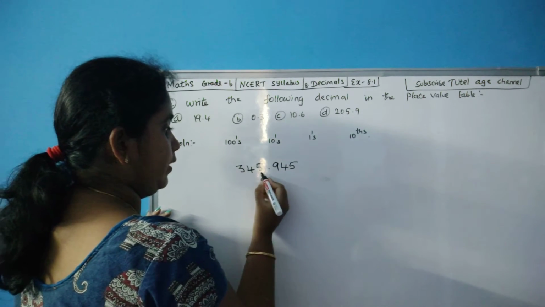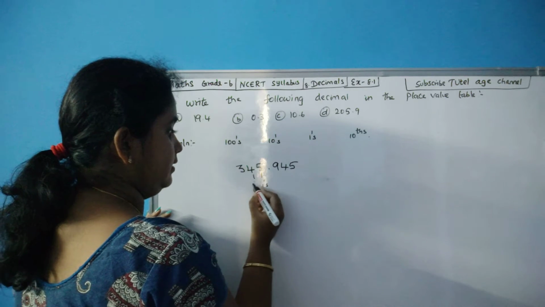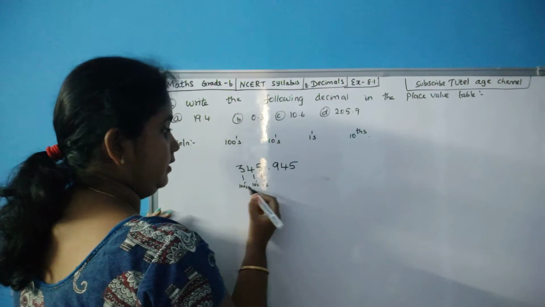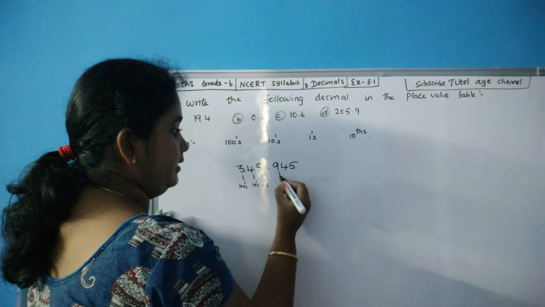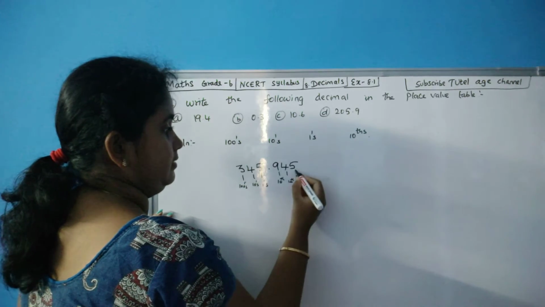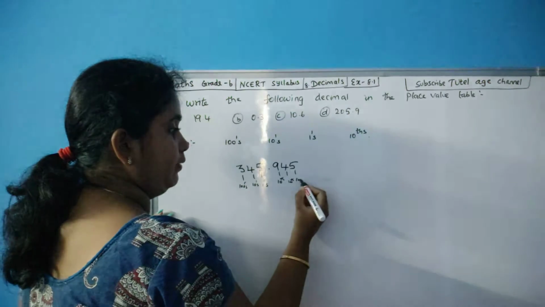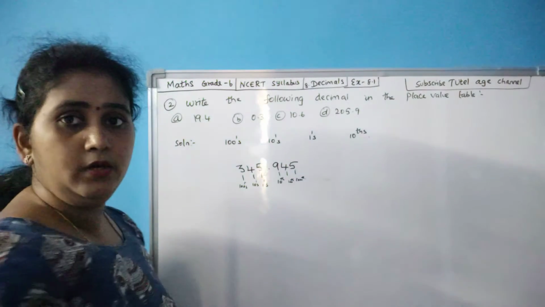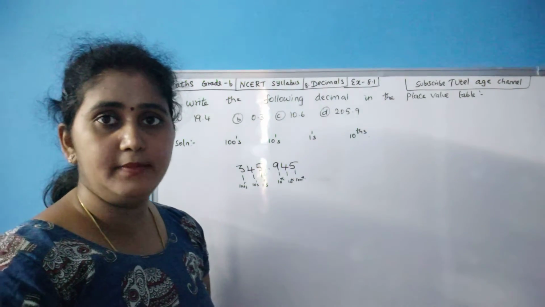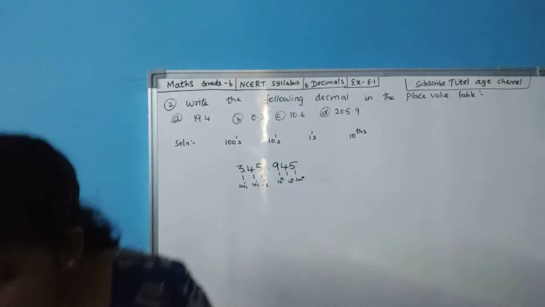This is the ones place, this is the tens place and this 3 is the hundreds place. Here we call 9 the tenths place, this is the hundredths place and this is the thousandths place. So with this place value table you have to put the numbers accordingly. That's the question. It's very easy.